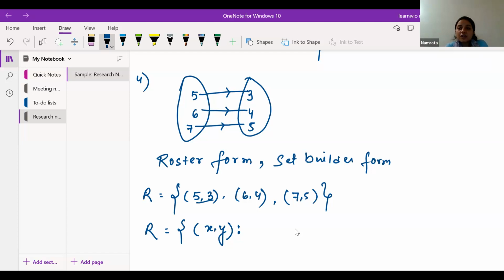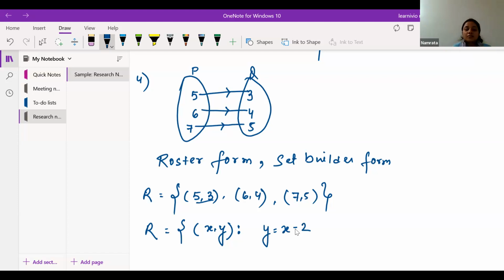Now what is the relation between x and y? Yes, Lena, any idea? Y is equal to x minus 2.